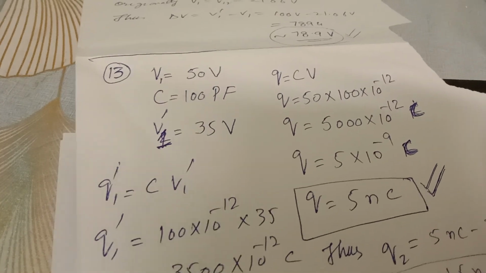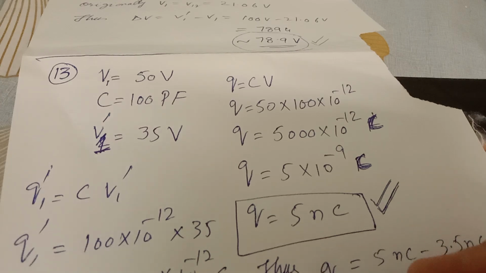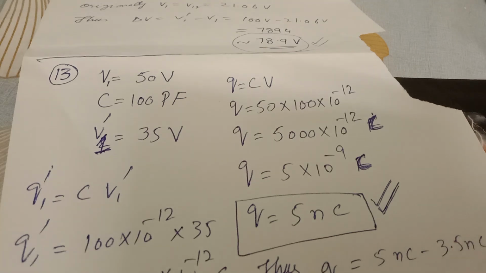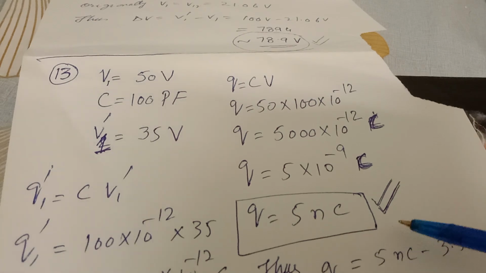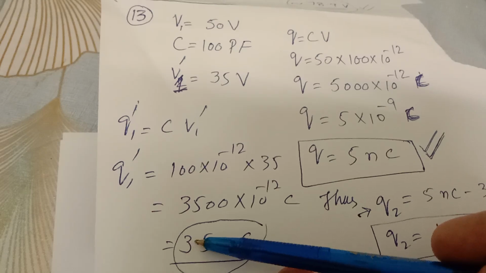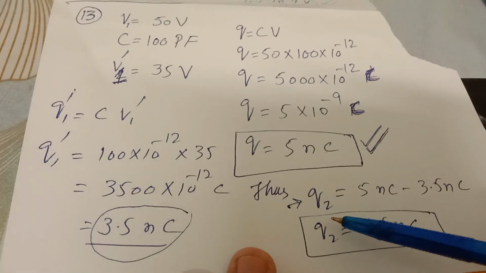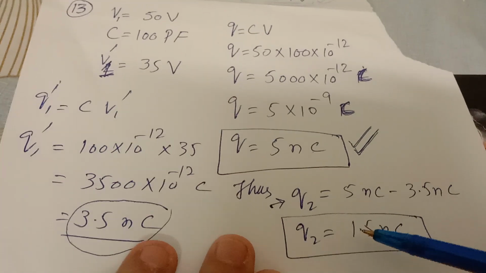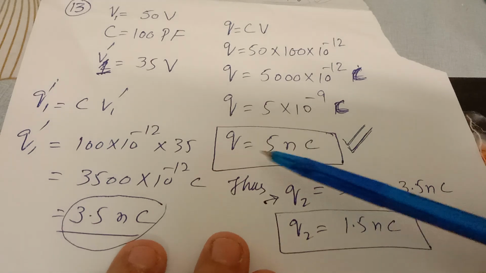Because they are connected in parallel, the charge on the second capacitor will be equal to, original charge was 5. This is the total charge. This charge is left on the first capacitor, so the remaining charge has been transferred to the second capacitor. So charge on the second capacitor will be equal to 5 nanocoulomb minus 3.5 nanocoulomb, because the initial charge, this is the final charge.